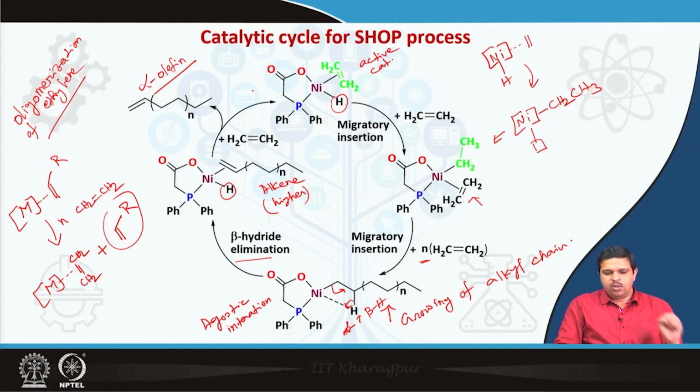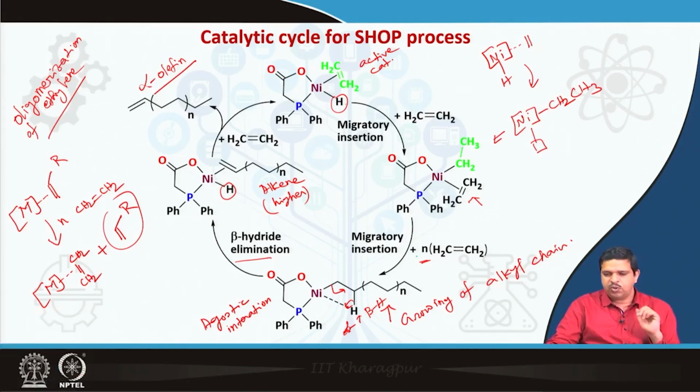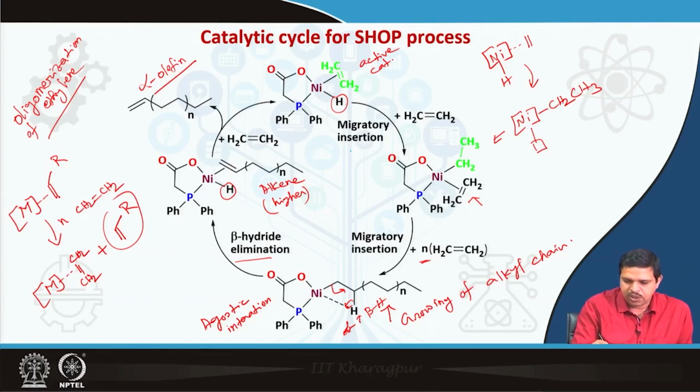So here you understand the important steps and reactions. If you understood these unique reactions in organometallic chemistry, you will be able to understand without any confusion: one is the migratory insertion, and then the beta hydride elimination.